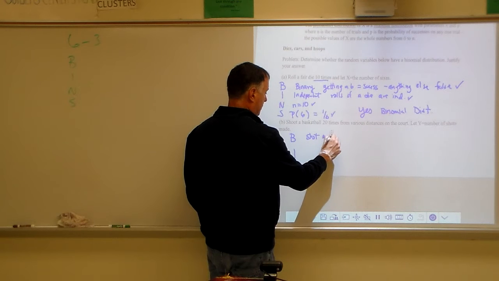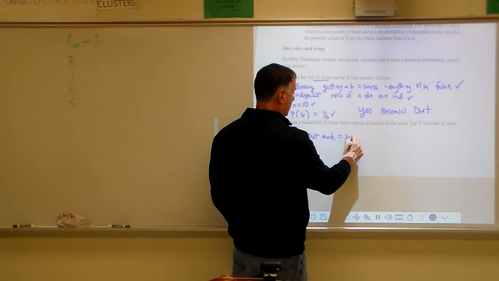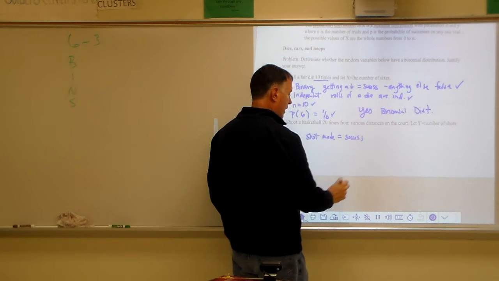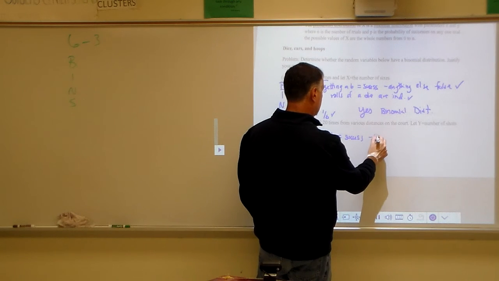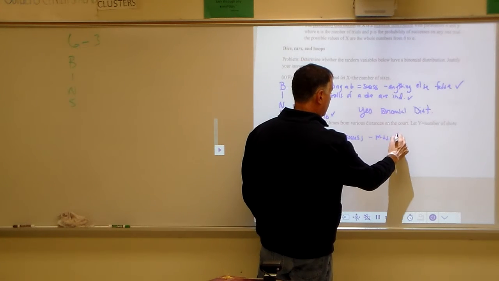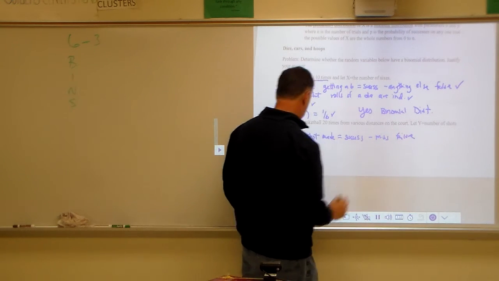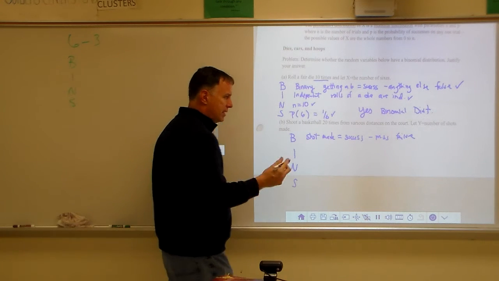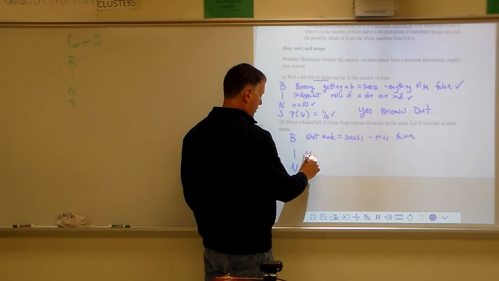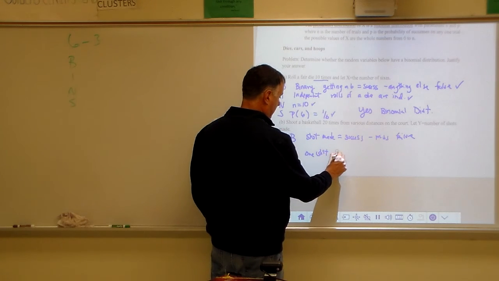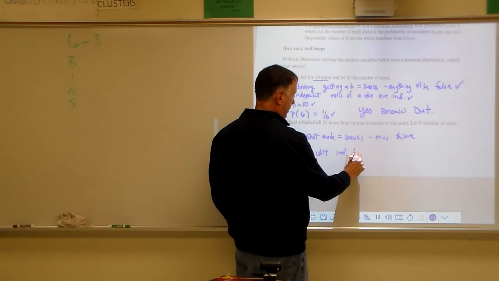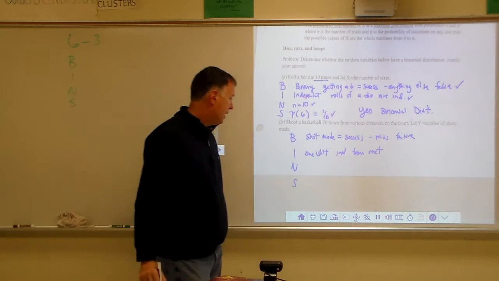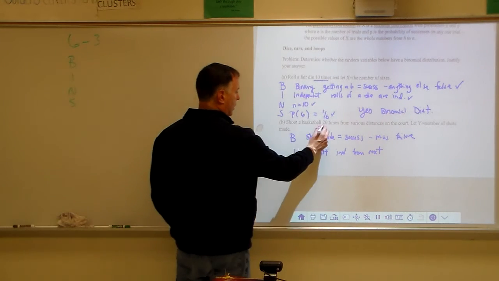Shots made equals success, and a miss is a failure. I, independent. One shot should be independent from the next shot. N, yep, n equals 20.